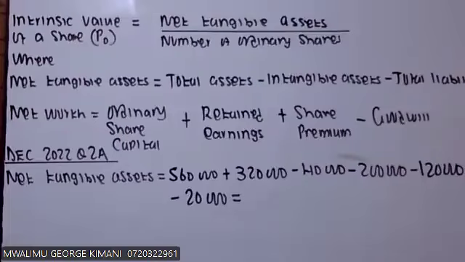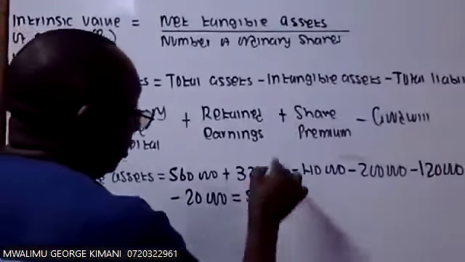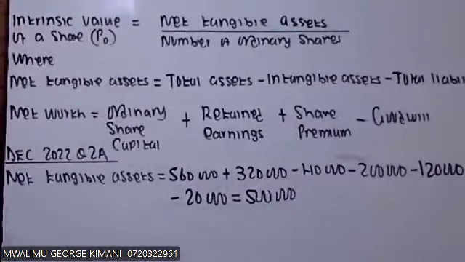How much do you have? 500,000. Good. All right, so that is the net assets.